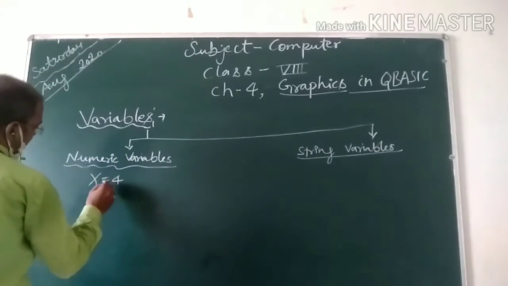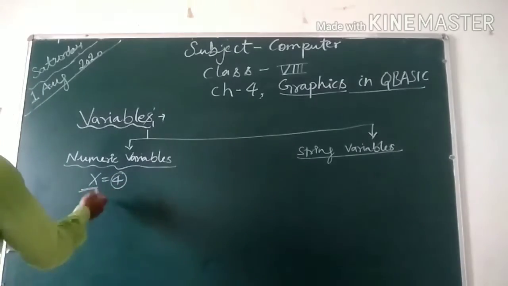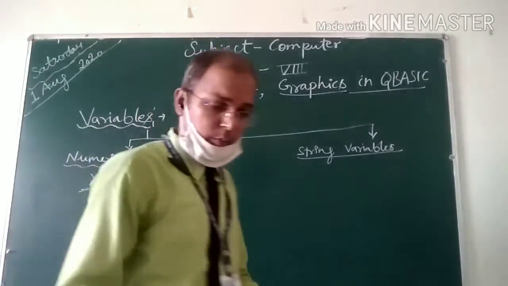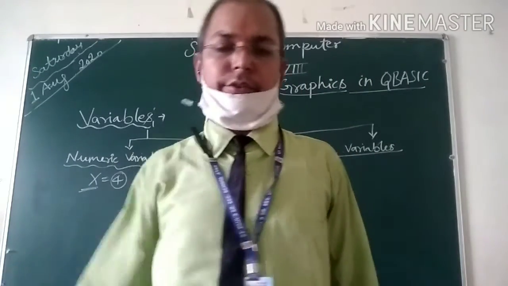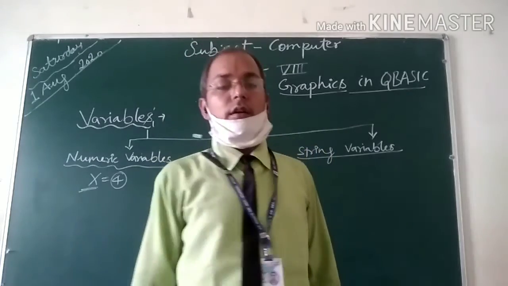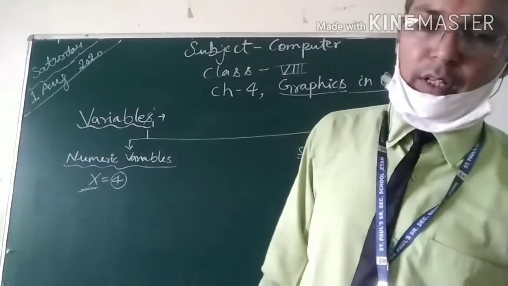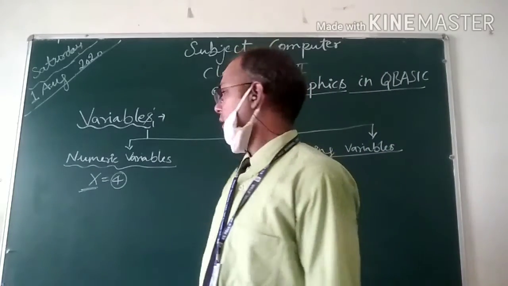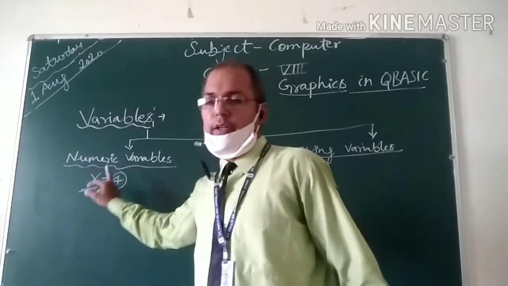The value of x is 4, and this is assigned to x. Numbers, decimal numbers and floating types are allowed, but spaces and symbols are not allowed in numeric variables.